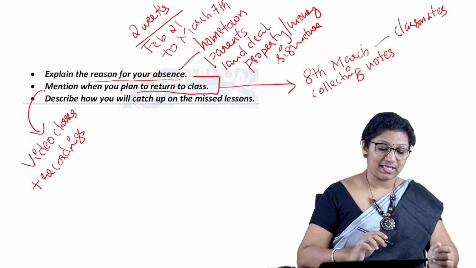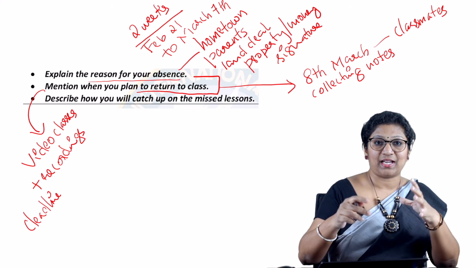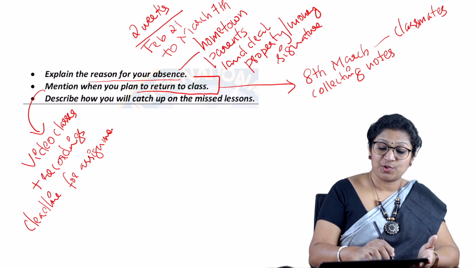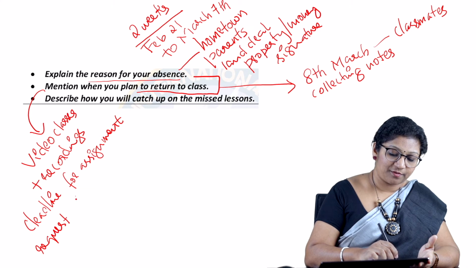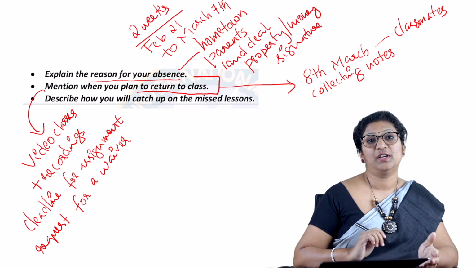Maybe you can add a detail saying deadline for assignment. So this is where we're creating a story, right? Deadline for assignment falls within this time, but then because you will not be available, you request for a waiver or an extension for submission.